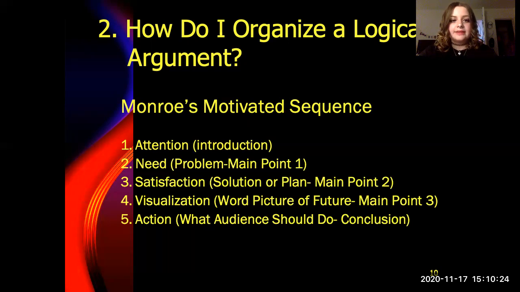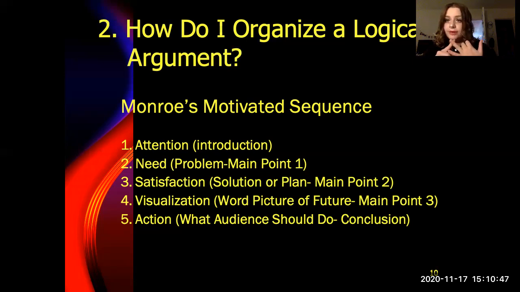Satisfaction would be your solution or your plan, or your main point two, where you go in and talk about what your solution looks like, what are the parameters of it, how does it work, what does the evidence look like. And then the visualization would be the world picture of the future, which is your main point three. So what does it look like? What would it look like if we did choose your solution?